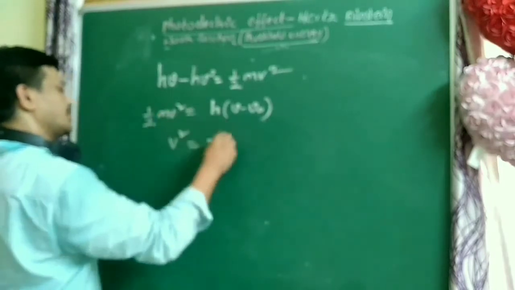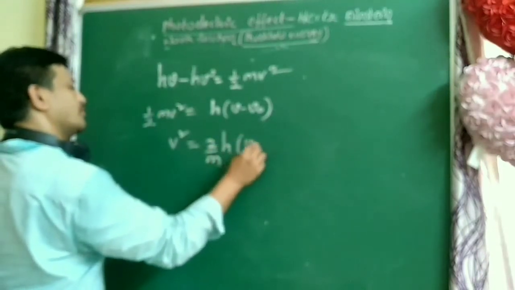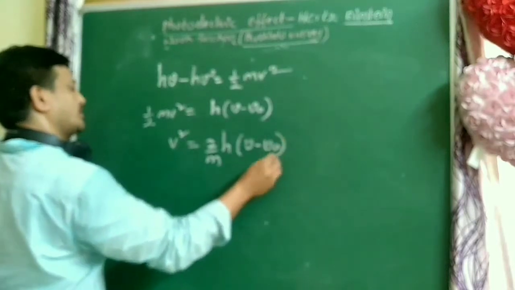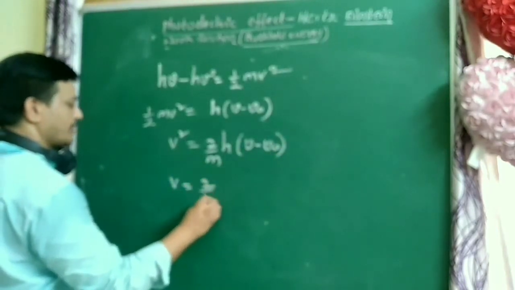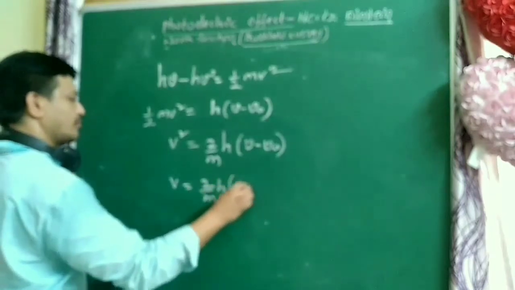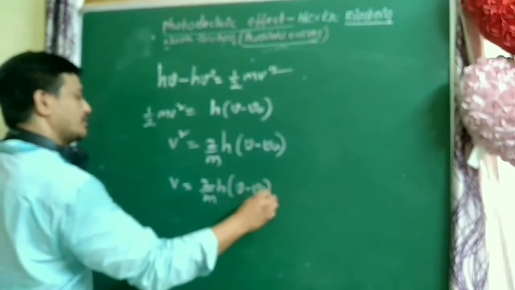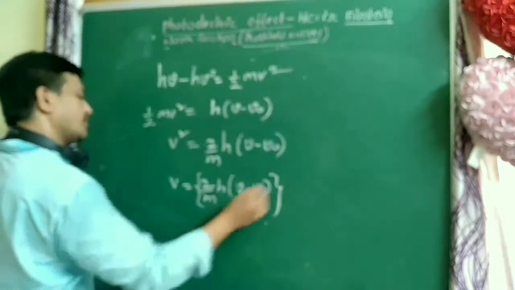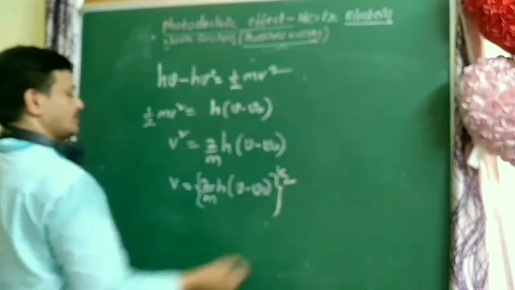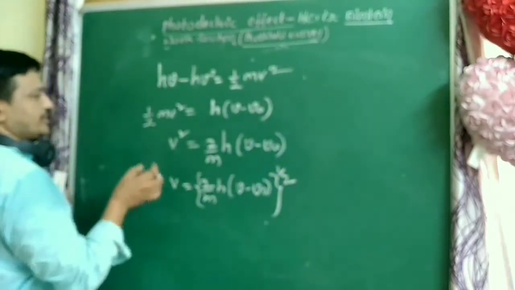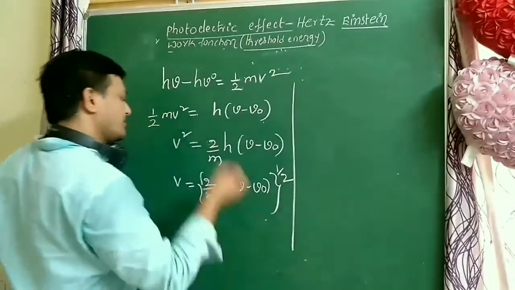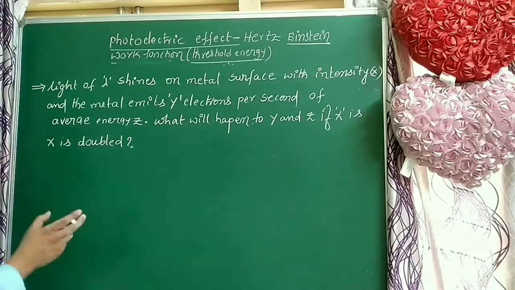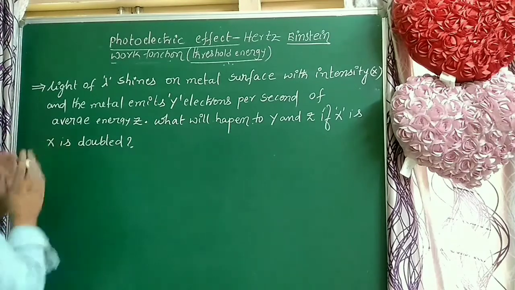So this value this side, that side h and (mu minus mu naught). So v equals [2 by m h into (mu minus mu naught)] whole power 1 by 2. This is the formula for v, the velocity of the photoelectron. So this is the important problem based on wavelength in the photoelectric effect.